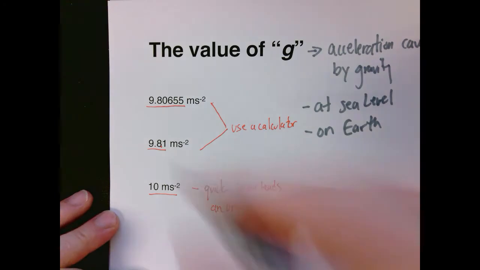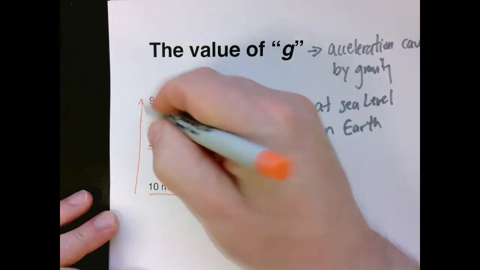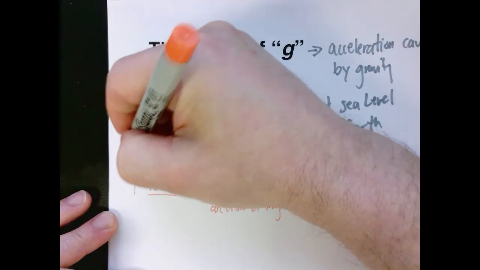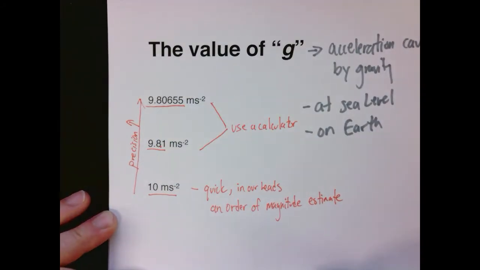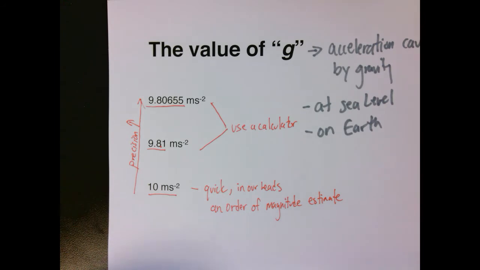As you can see, as we go in this direction, the precision increases. So these are the values of g.